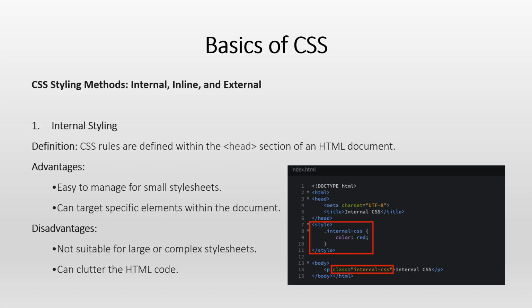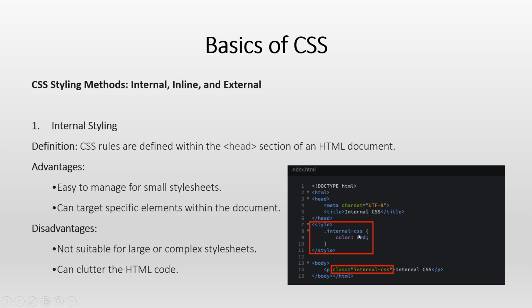So here, what you have to do is write a style tag. As you can see, after the head I have written one style tag, and after that there is this dot internal CSS color. Here I am applying CSS inside this style tag.